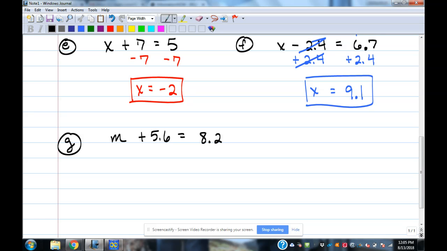What should we do to solve this one? Subtract 5.6 from both sides? Yeah. Perfect. That's the right thing.